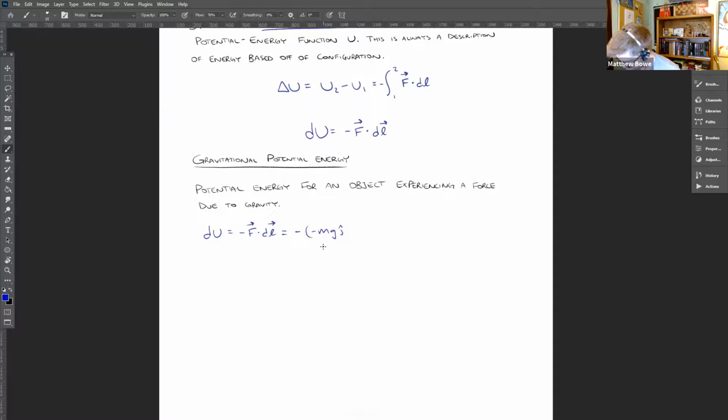So this is the force of gravity. This is Fg that I'm writing down. And this is the position vector, or the tiny slice of it, dl. All of this just to get plus mg and some slice of height, or dy.